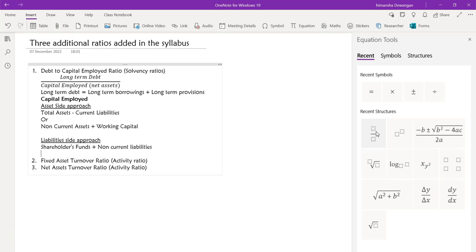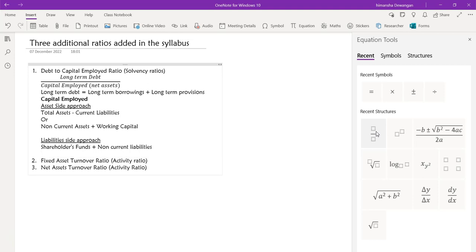Okay, Ayushi. So debt to capital employed ratio is one of the solvency ratios. Solvency ratios help us identify the long-term solvency position, that is, whether in the long run, the business will be able to pay off its long-term liabilities or not.